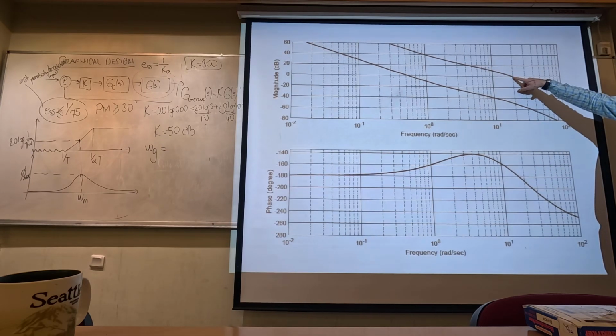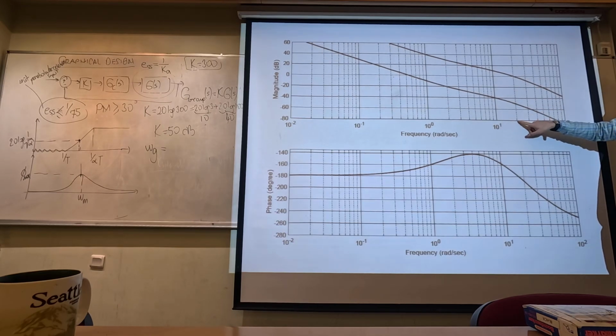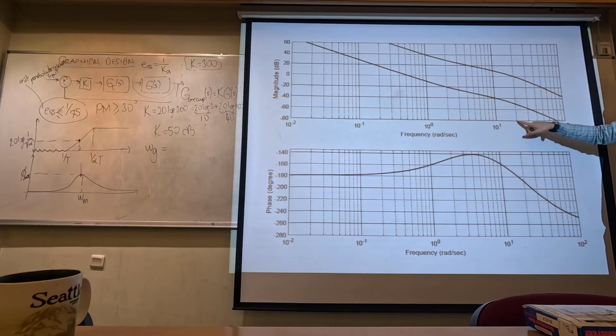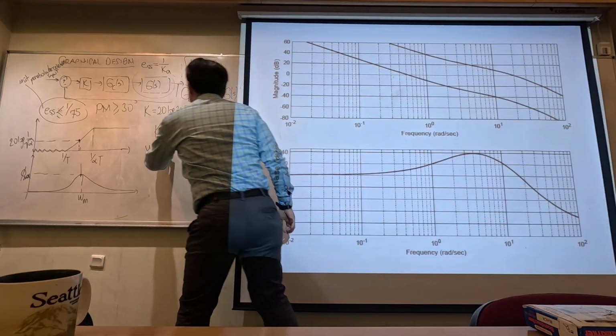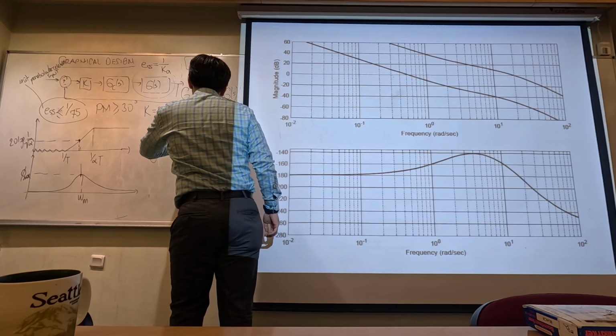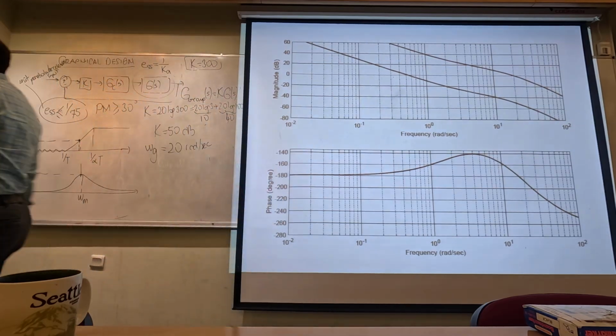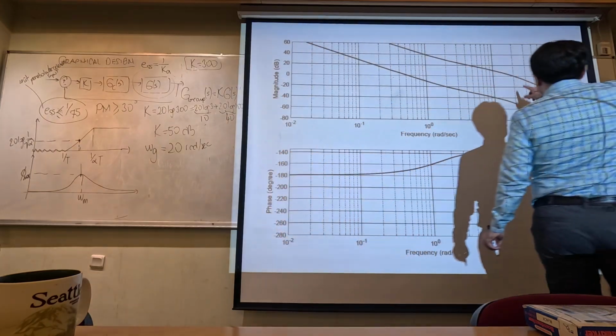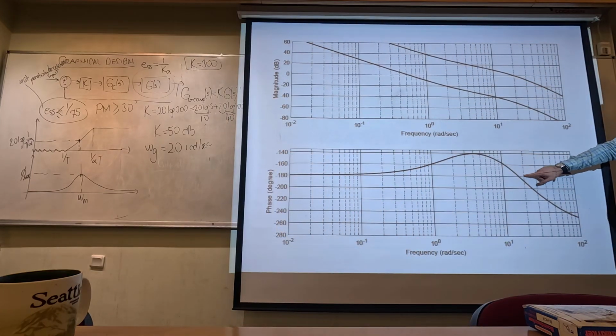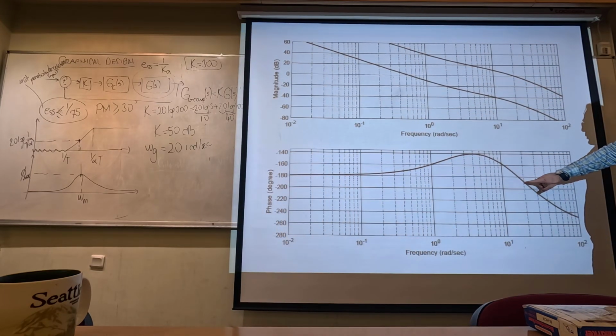So here, the uncompensated system gain crossover frequency is, what is this frequency? It is 20 radians per second. So now I'm going to look at the phase margin of the uncompensated system. That means that I'm going to go to the phase curve, and I'm going to read the phase here. Approximately, what is this number?